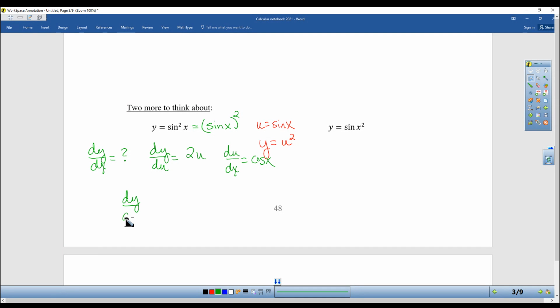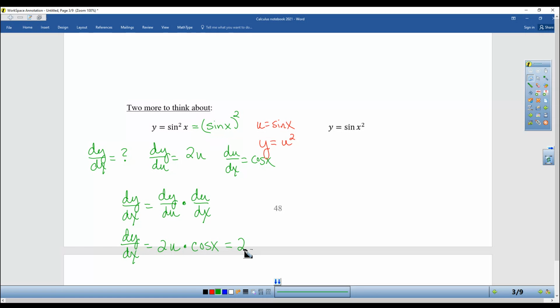So what is dy/dx? dy/dx is dy/du times du/dx. Because if I canceled the du's, I would have dy/dx on the left and dy/dx on the right. So dy/dx is equal to dy/du, 2u, times cosine of x.